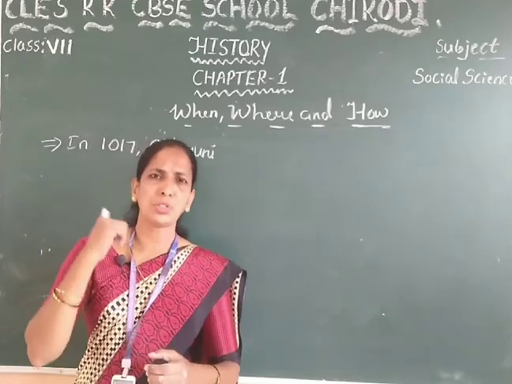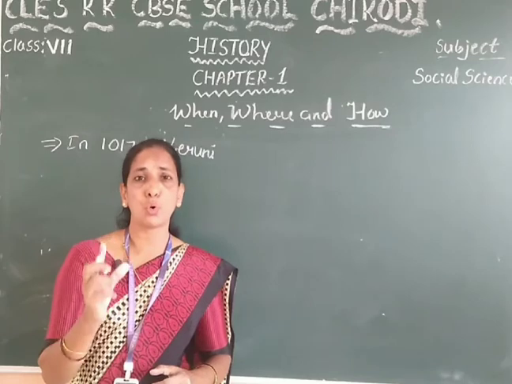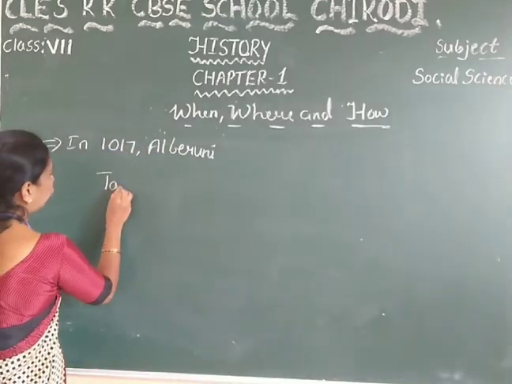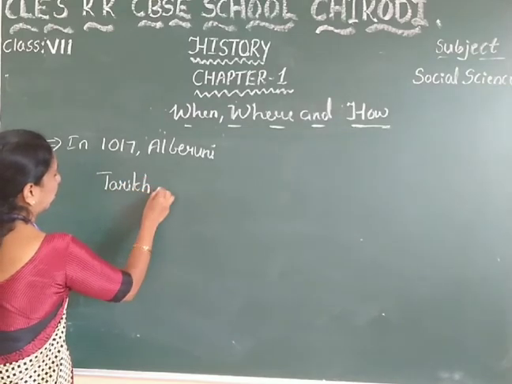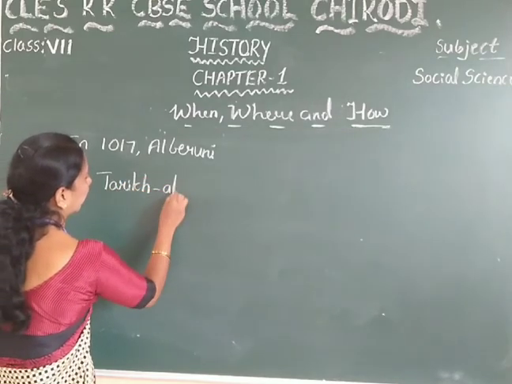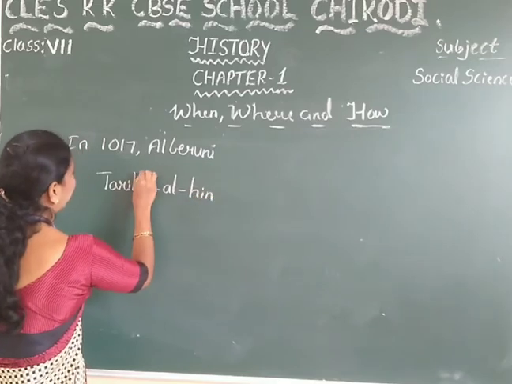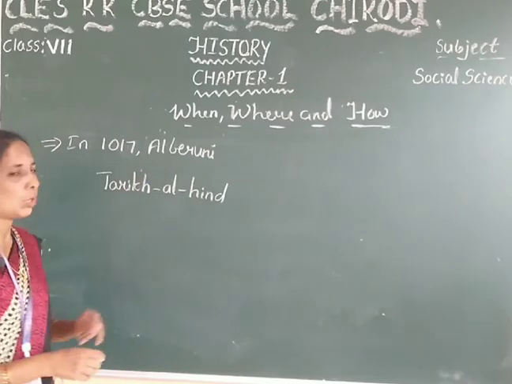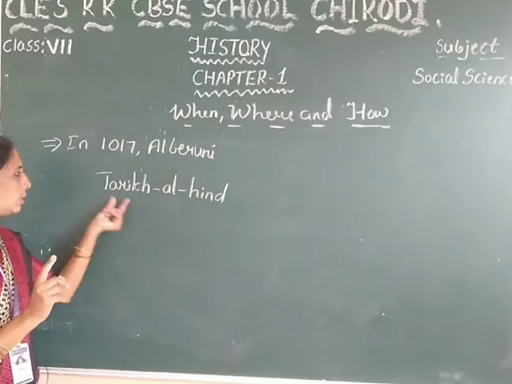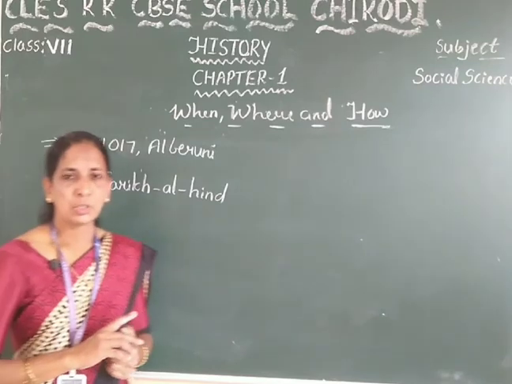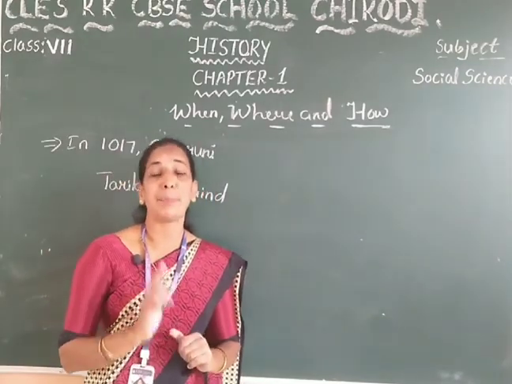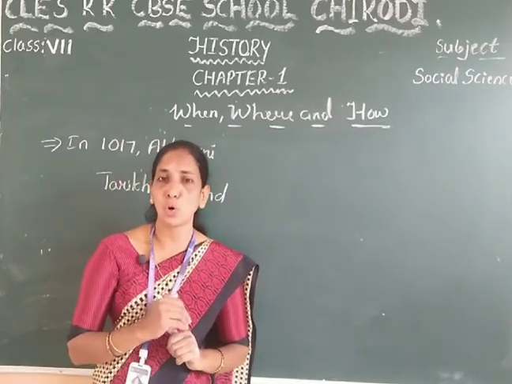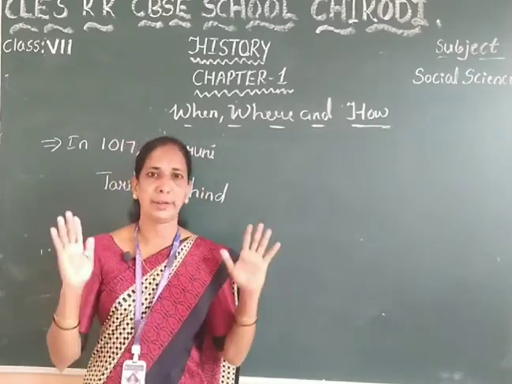When he traveled to India, he wrote a book. The name of the book is Tariq al-Hind. So Al-Biruni wrote the book Tariq al-Hind, and in that book he mentioned the history of India.